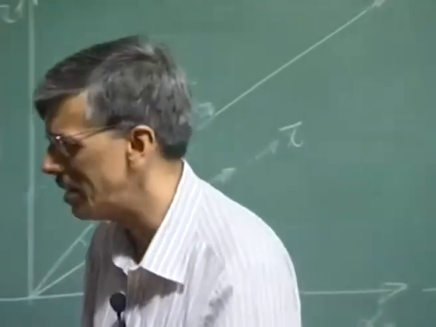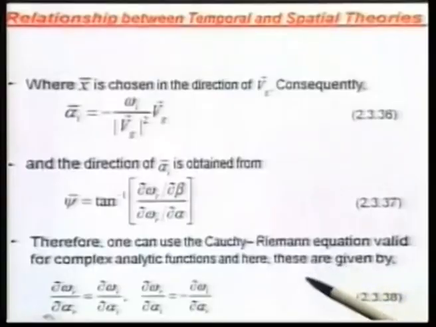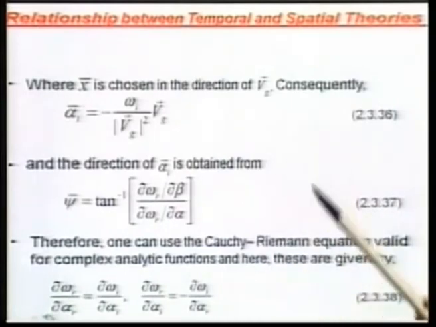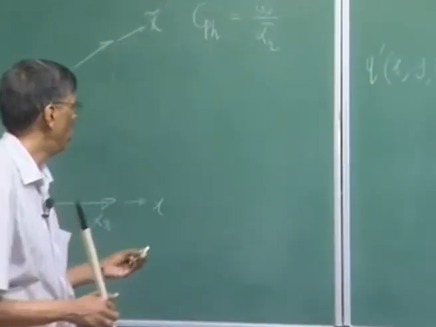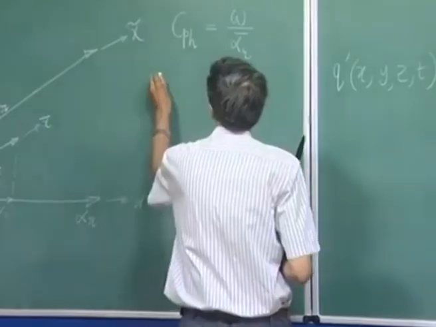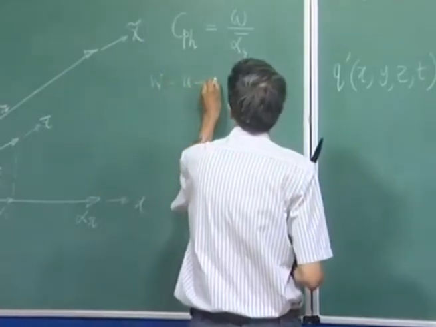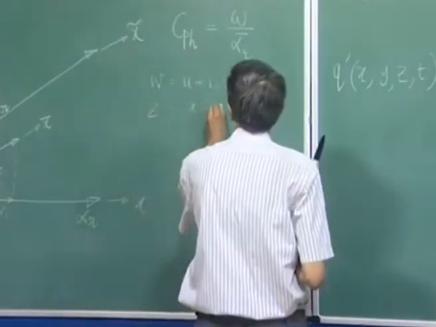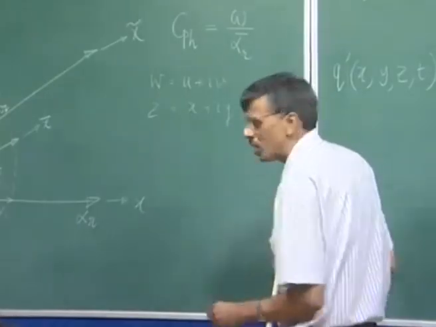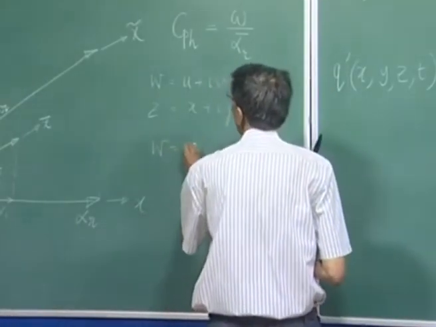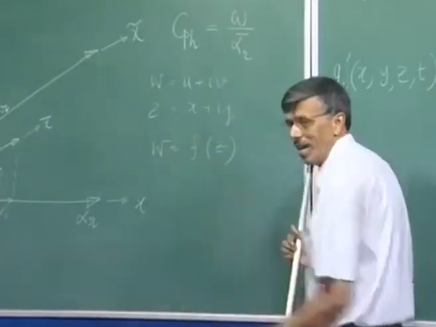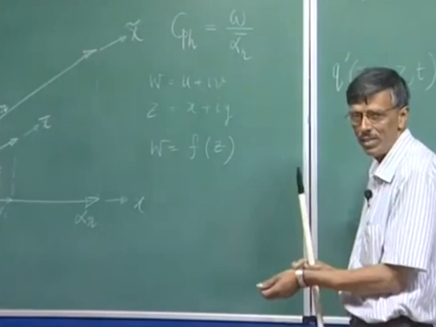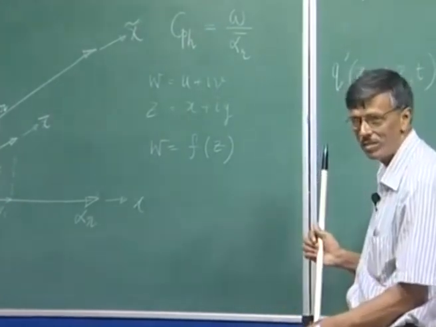If I have that, I could write down the Cauchy-Riemann relation. I do not know if you recall, that is what we do. Suppose we write W equal to u plus i v, and then we write Z equal to x plus i y. Then we talk about omega being a function of Z, and for the derivatives to be analytic, we get the Cauchy-Riemann relation.